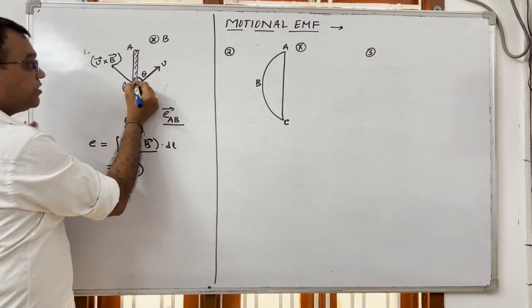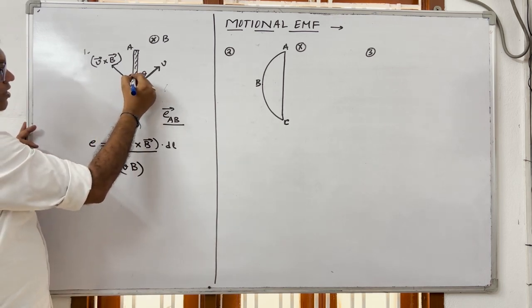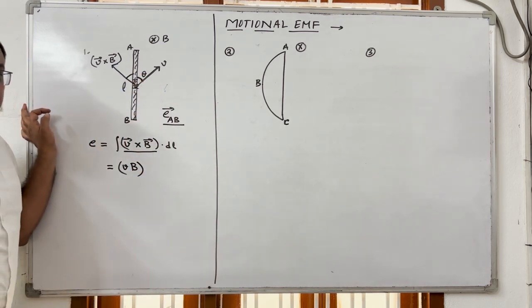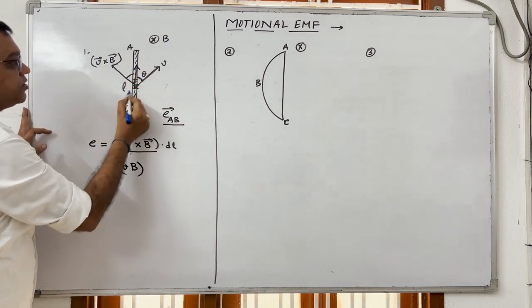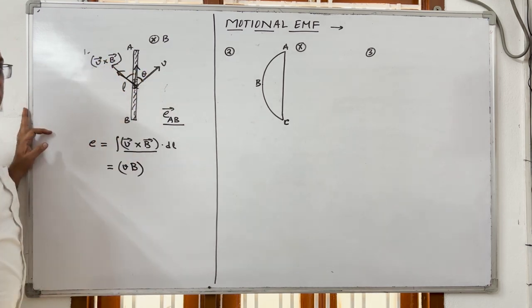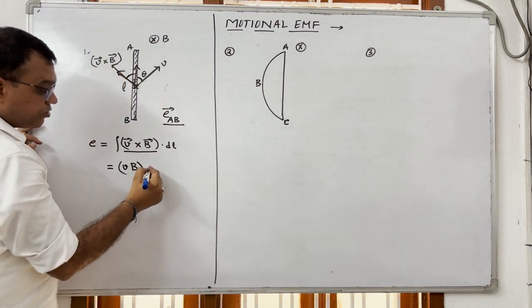And with the small length dL, it is making an angle of pi by 2 minus theta. The angle between this dL and V cross B is pi by 2 minus theta.